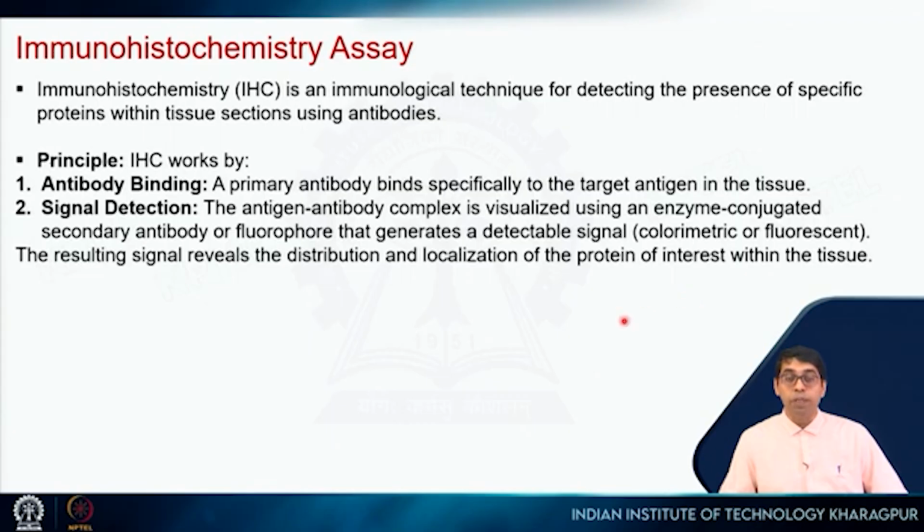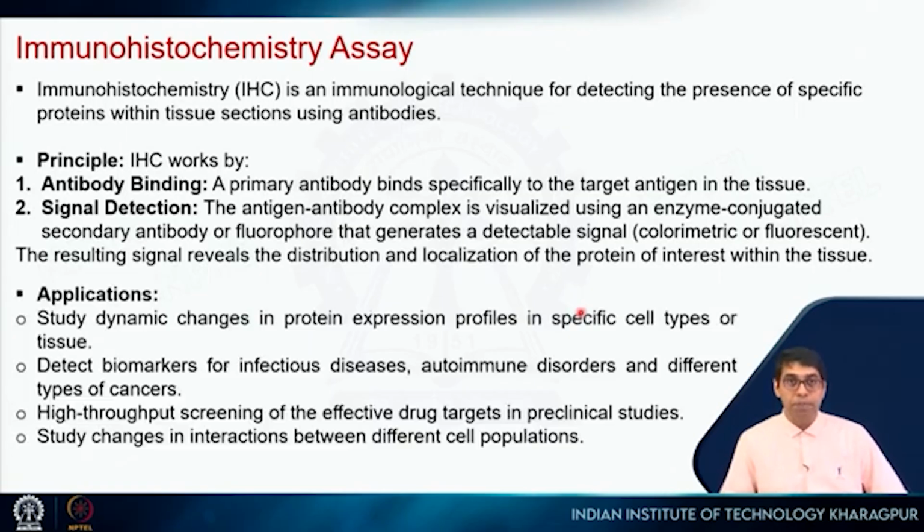If you have a mixture of cells, you can see which cell types have your protein of interest, or within a cell, you can use confocal microscopy to see whether it is localized in a particular organelle, for example, whether it is in the nucleus, the cytoplasm, or the mitochondria.